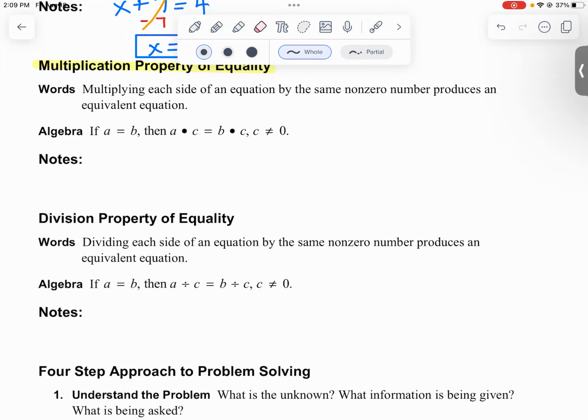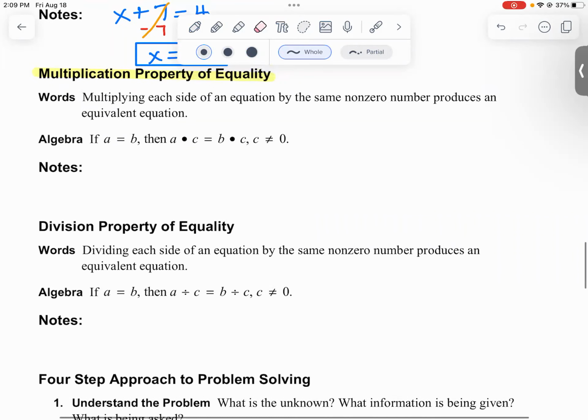All right. Multiplication property. If A equals B, then we can multiply the same number to both sides and we still have a true statement.